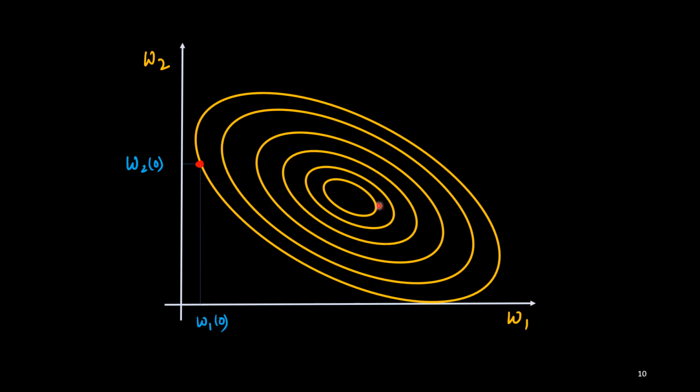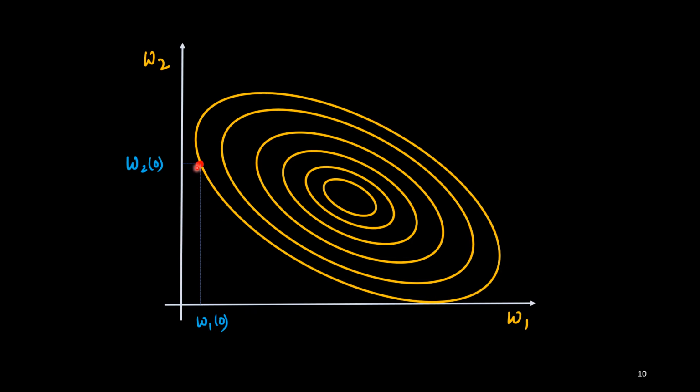Your optimum point could be at this point, and this contour indicates that it has higher error, higher cost, and this one is again higher cost. Like that, the cost is more for these contours, and on one contour, everywhere the cost value is the same.